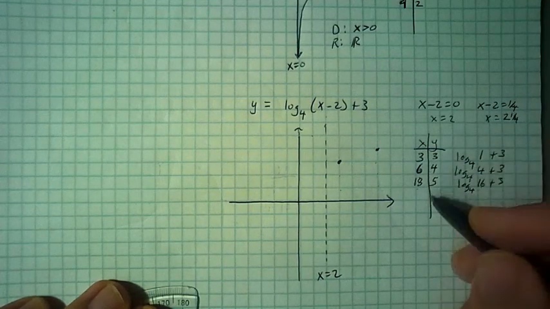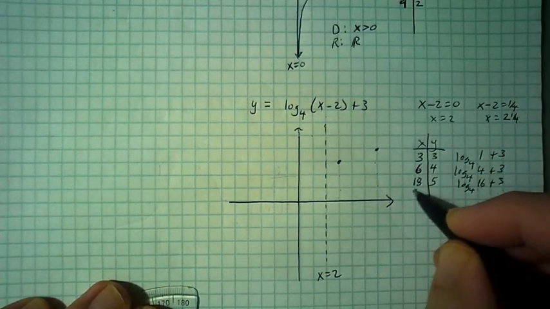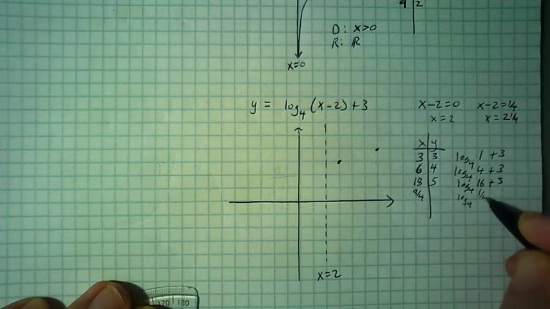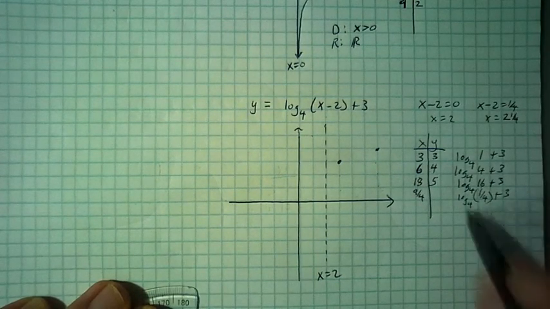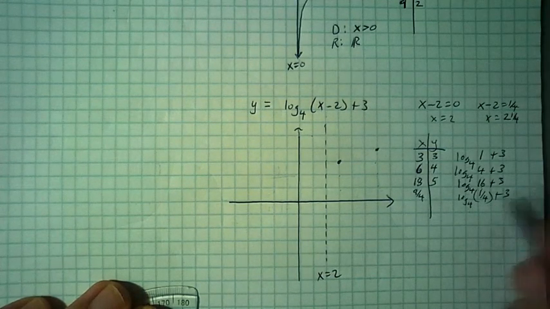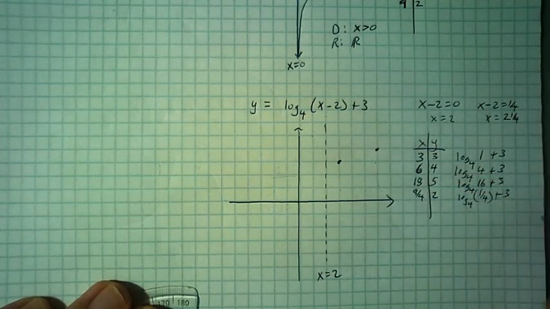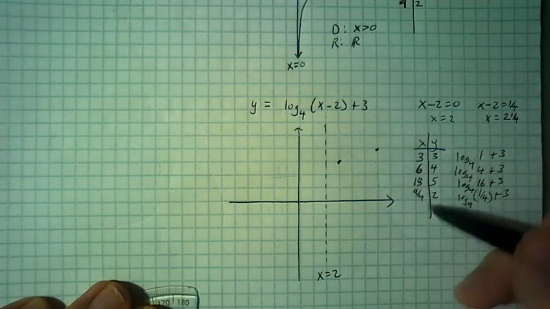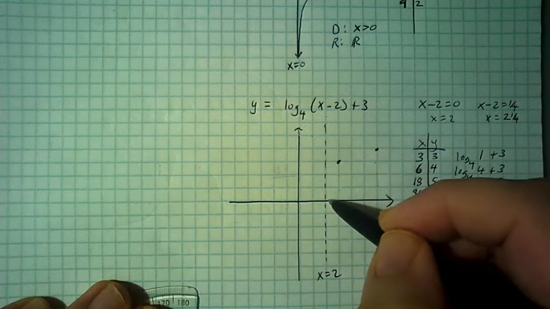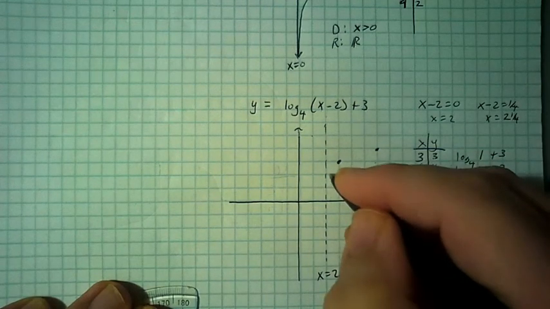So in this case x is 9/4, which makes this log base 4 of 1/4, plus 3. What power do you stick on 4 to get 1/4? Negative 1. Negative 1 plus 3 is 2. So 9/4, which is 2 1/4, has the answer 2 right there.